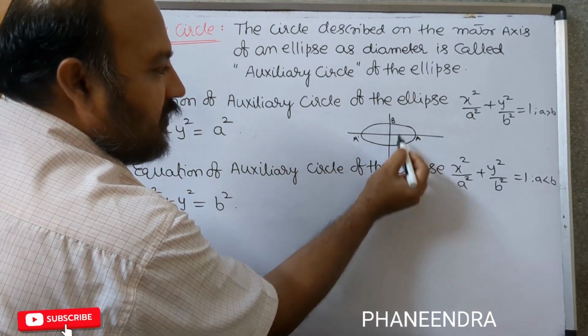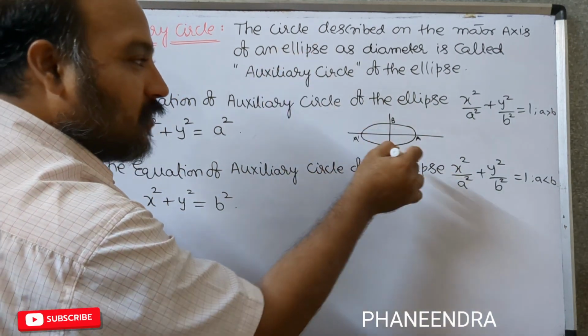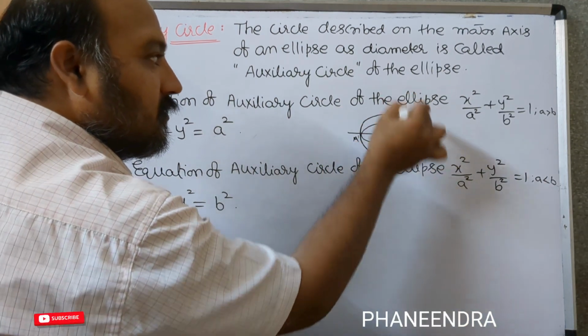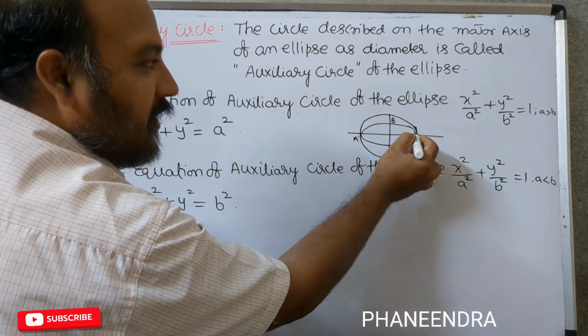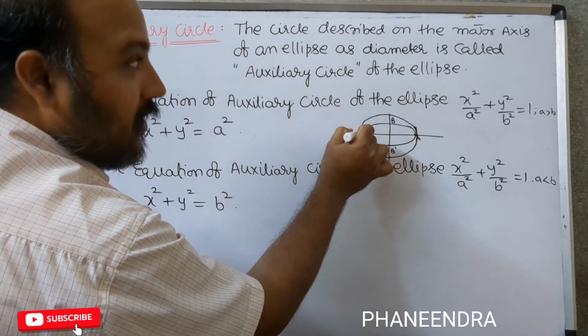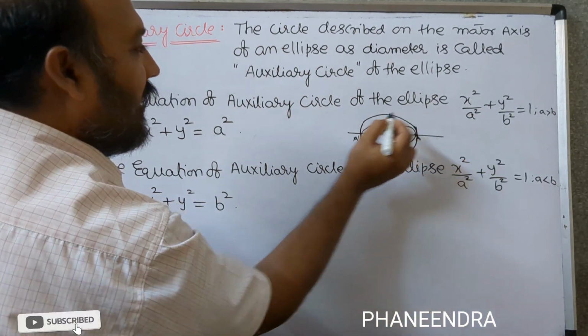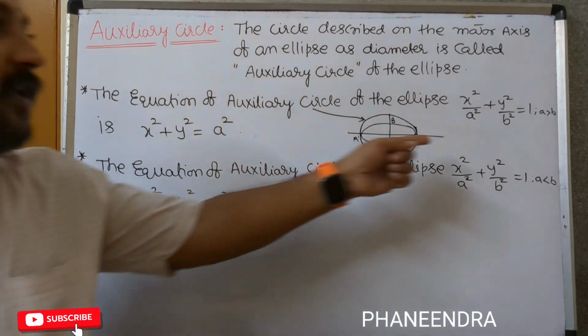This is B dash, the minor axis. The circle described on the major axis of an ellipse as a diameter is called the auxiliary circle of the ellipse.